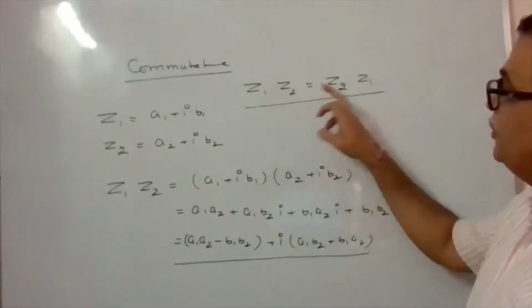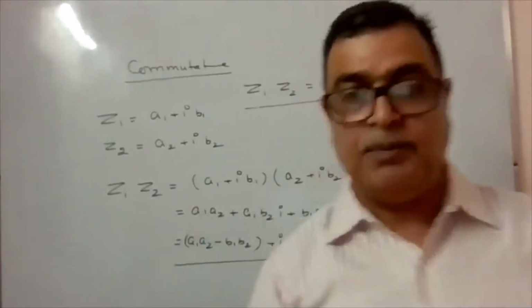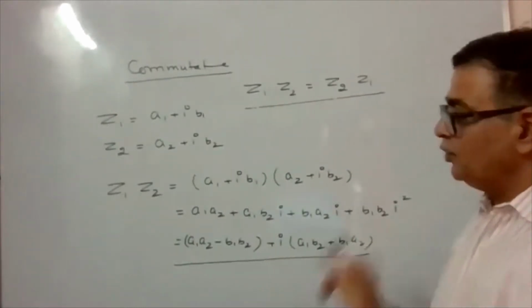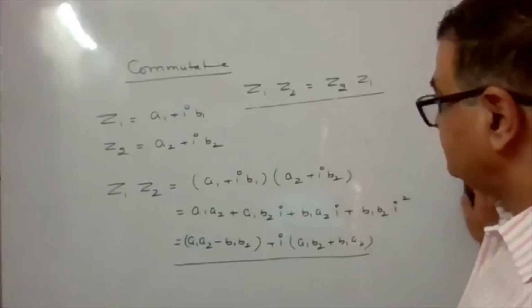So Z1 into Z2 or Z2 into Z1, the complex number product is giving the same. That shows that the commutative property holds here. You can try it, I'm not doing that.